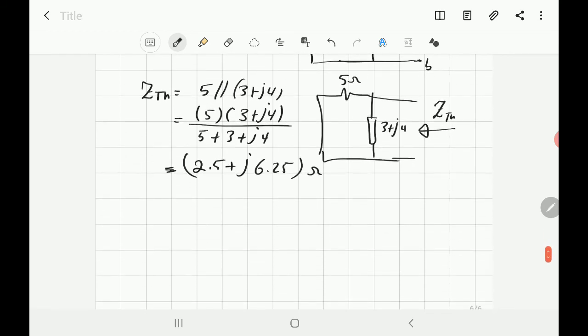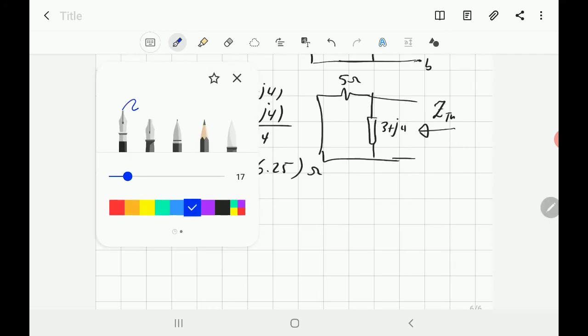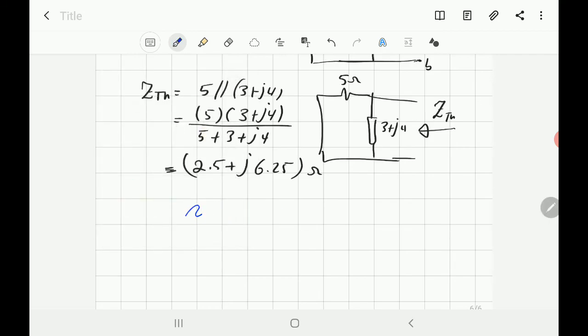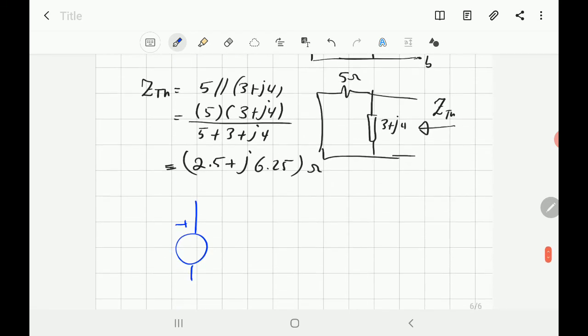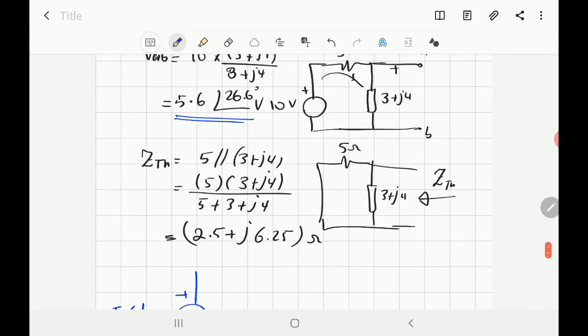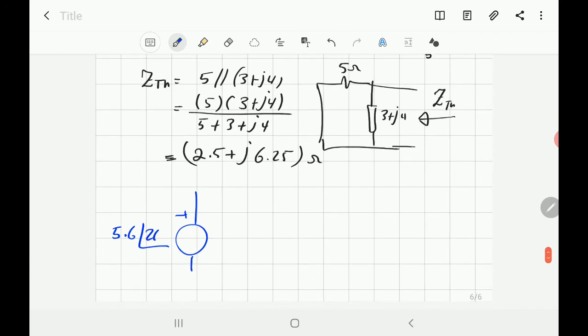Now the circuit can be simply represented as one Thevenin source, and we found the Thevenin voltage equal to this value, 5.6 with the angle equal to 26.6 volt.